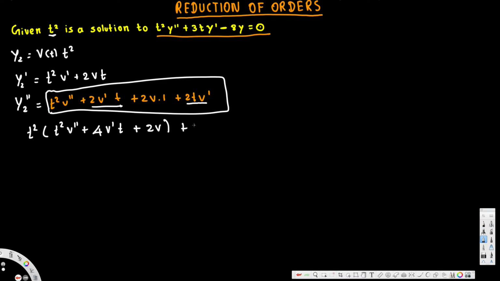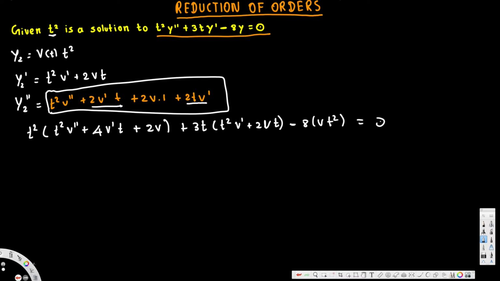The next thing is 3t times y prime, which is t square v prime plus 2vt. Then we have minus 8y, where y is equal to v t square, so minus 8 times v t square.